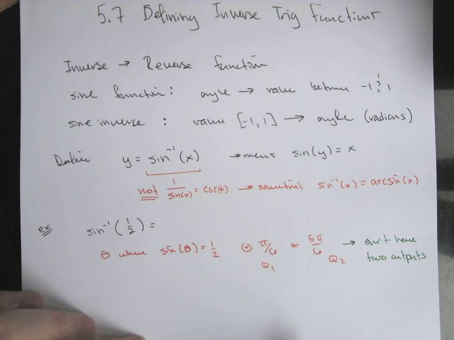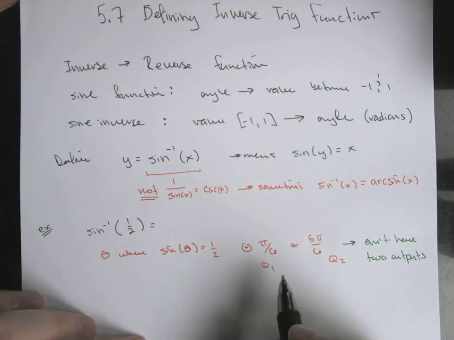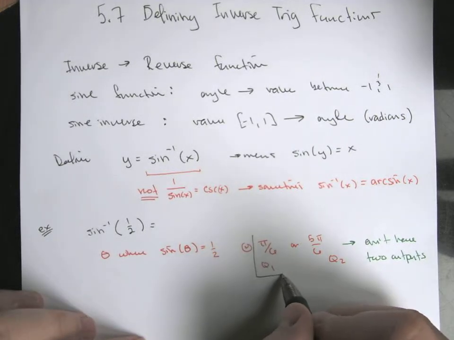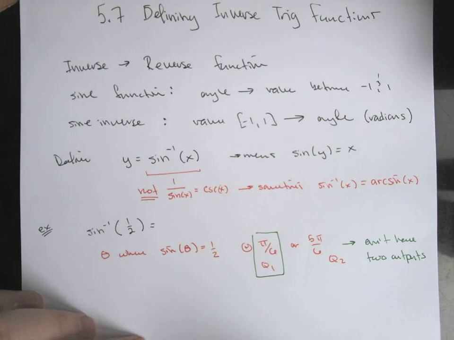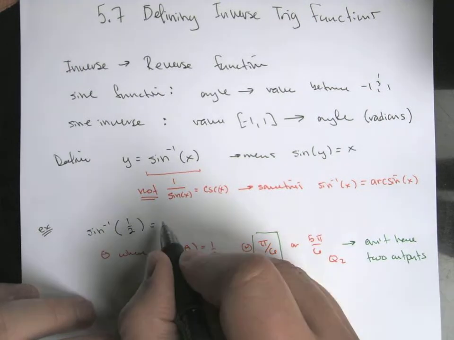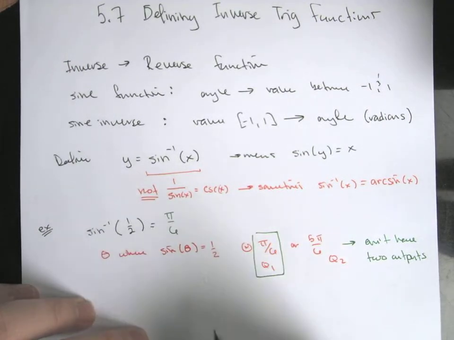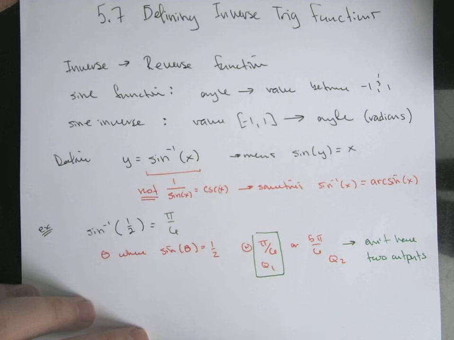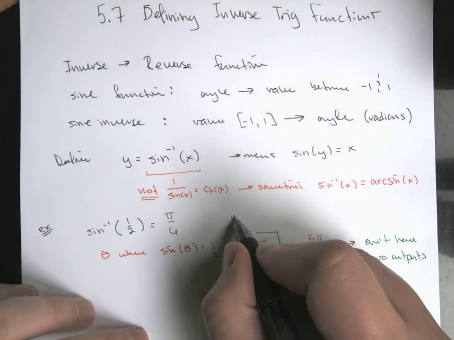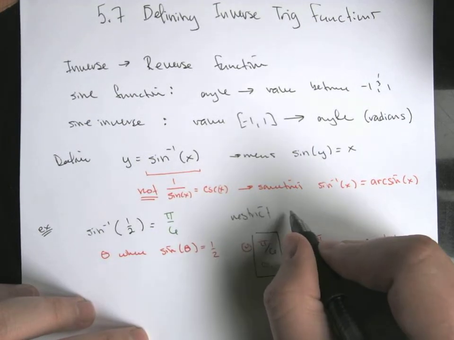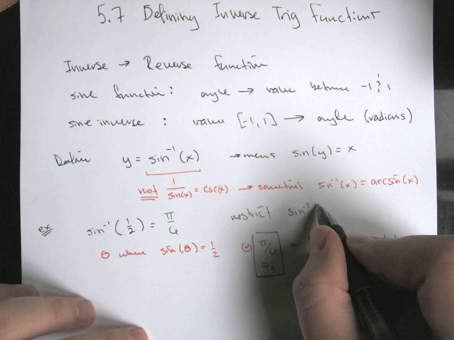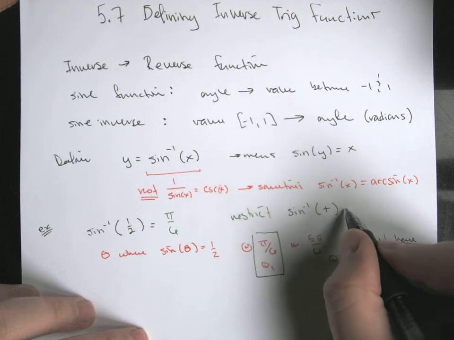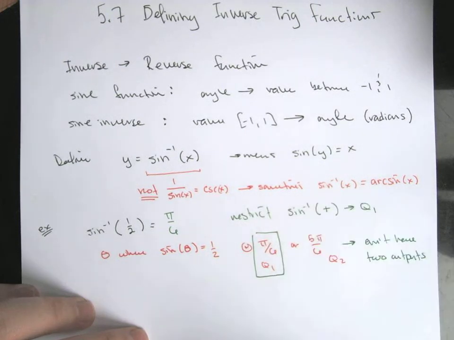And so what we're going to do is pick essentially the nicest possible version of the answer. If you were just doing this, you would probably just pick the quadrant 1 angle. So we're going to define this as pi over 6. So we're going to restrict sine inverse of a positive value to a quadrant 1 angle.